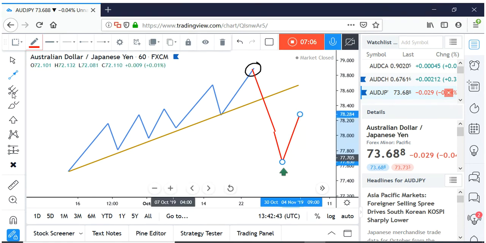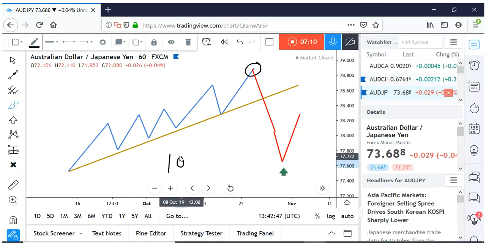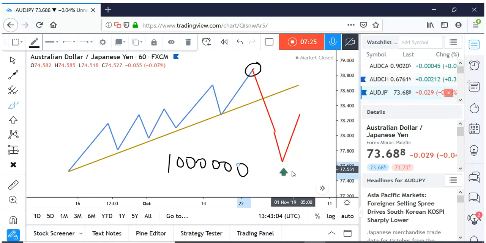Let's say, for example, they have 1 million to trade. They put maybe 30K here.